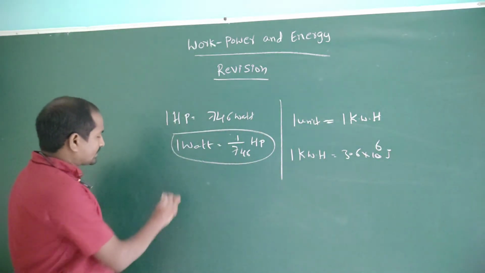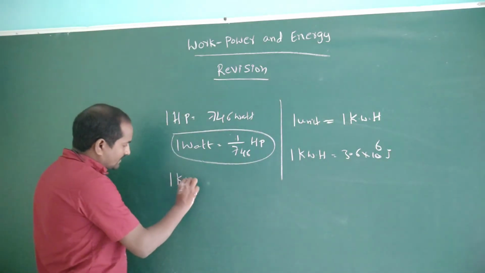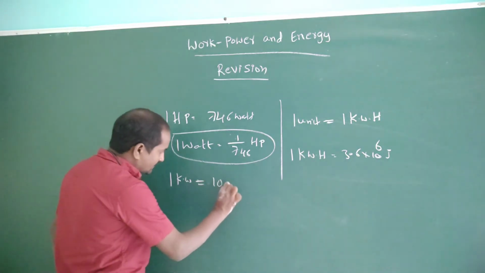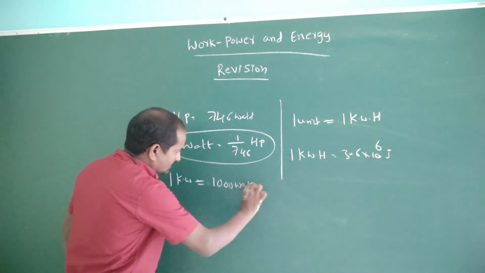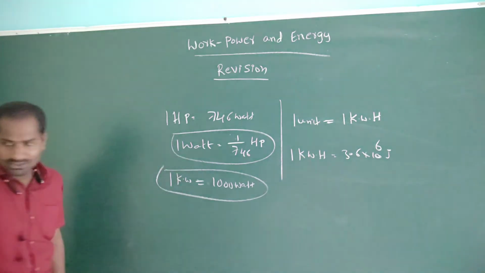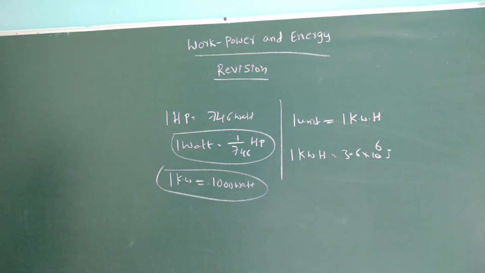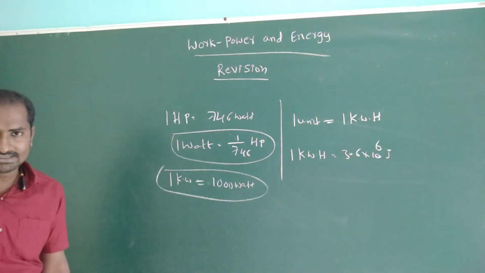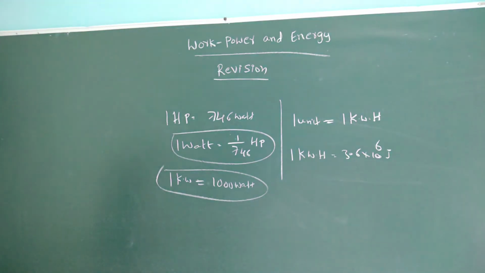1 kilowatt is equal to how much? 1000 watts. 1 kilowatt hour is equal to 3.6 into 10 power 6 joules. So the bigger units are kilowatt and megawatt.